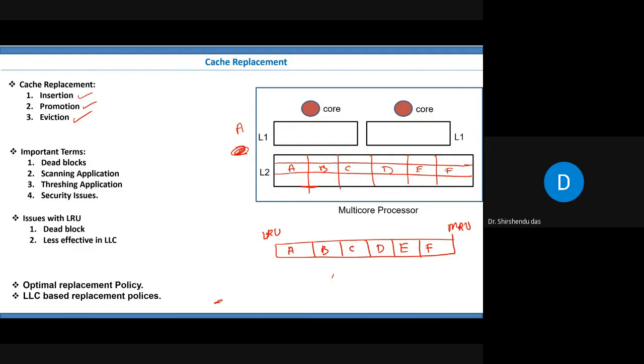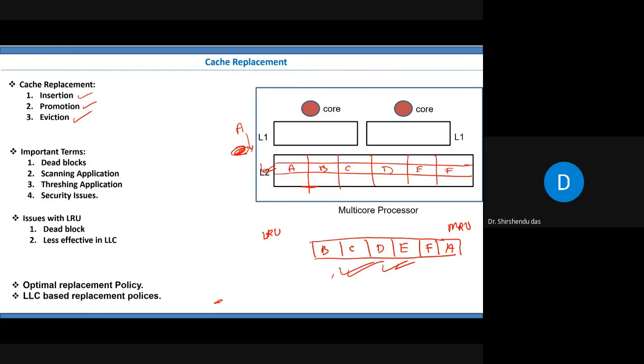It may be possible that at this moment, if A is accessed again, then what will happen? Suppose this is the current situation, and the core is requesting A, then A will be accessed again, and A will become MRU. So we remove it from this position and add it in the MRU position here, right? So you can understand that this is the LRU position and this is the actual physical set.